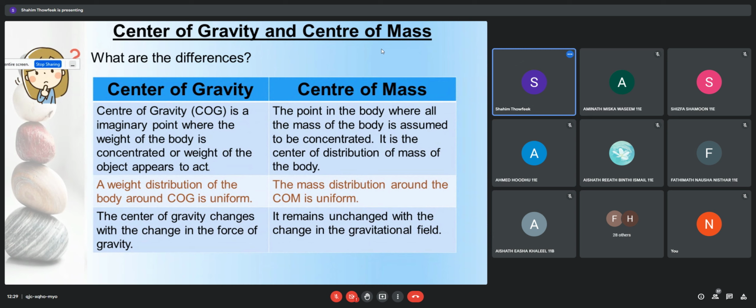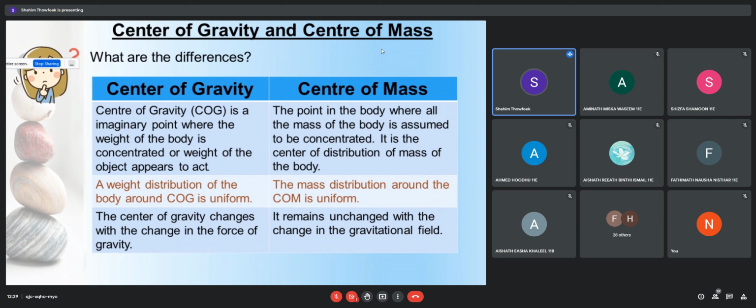Okay, the next difference. In center of gravity, the weight distribution of the body around center of gravity is uniform. You can see from center of gravity, the weight distribution is uniform in each and every direction. In center of mass, the mass distribution around center of mass is uniform.